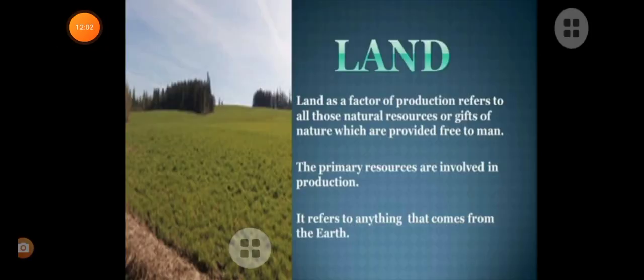One important kind of primary factor is land. Land as a factor of production refers to all those natural resources or gifts of nature which are provided free to man. Land is the most basic primary factor, a gift from nature, which gives human beings great value. It refers to anything that is taken from the earth.